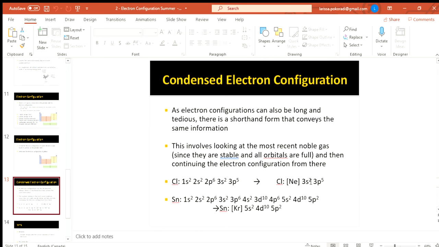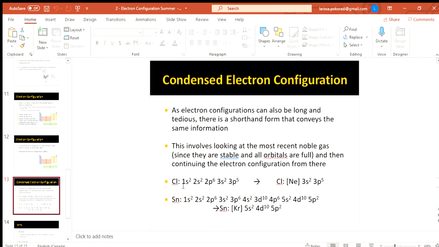So how we do an electron configuration is we always look at the most recent noble gas compared to the element we are working with.